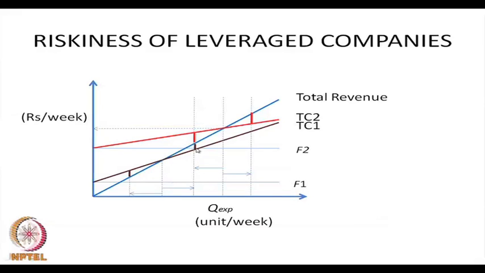You will see that by almost the same amount I have taken here, the production plan, the profit is only this much, the loss is also this much. So, this is a less risky situation and this is a high risk situation. So, high leverage companies are associated with high risk and low leverage companies are associated with low risk.